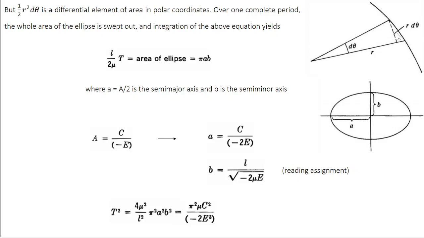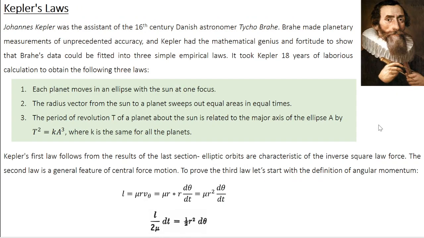Now, in one complete period, the whole area of the ellipse is going to be swept up. Now, how do you calculate the whole area? So remember, this is an equation with respect to time. So if you integrate it with respect to time, suppose capital T is the time required for one complete cycle.